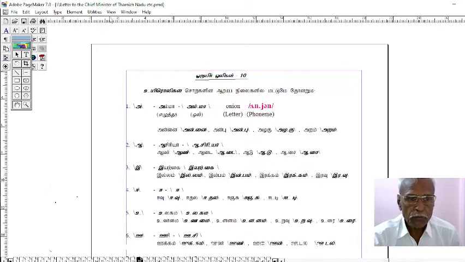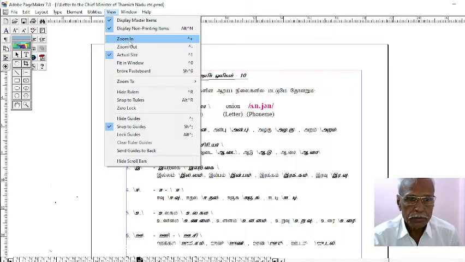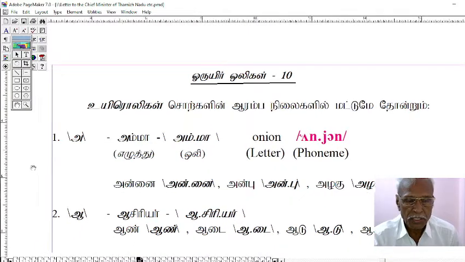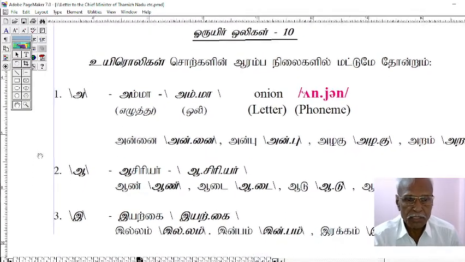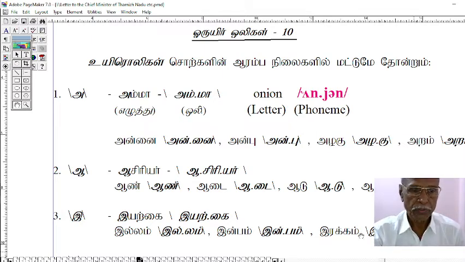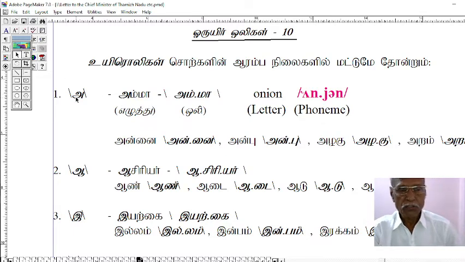Now, first let us see the names of the 10 vowels. The name of the first vowel is A, as in Amma.